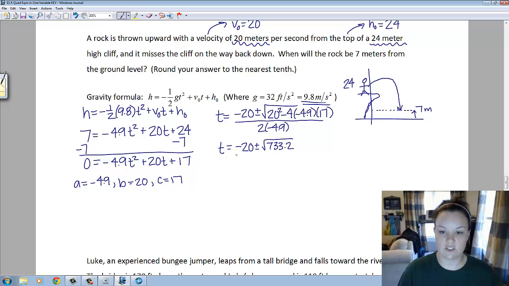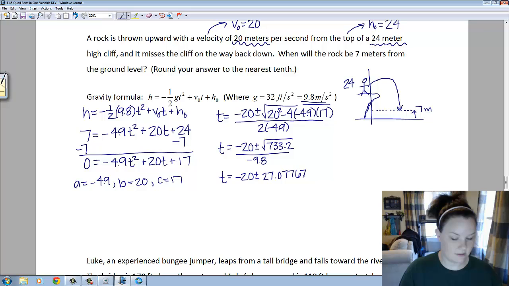I'm going to continue to simplify. The square root of 733.2 is 27.07767. I'm going to keep about 5 decimal places, which should give me a pretty accurate answer. All over negative 9.8. Now, because I'm using the quadratic formula, I'm going to get two values, and I have to figure out which one's going to work.